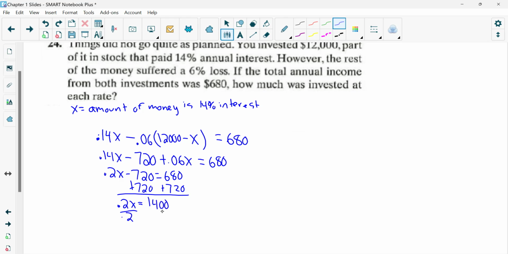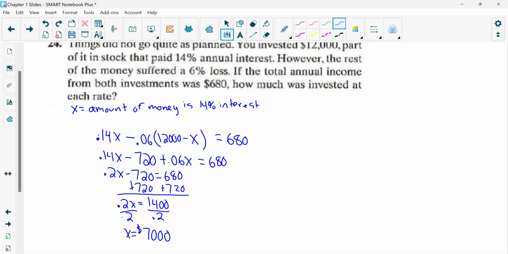And when we divide by 0.2, what do we get? $7,000.